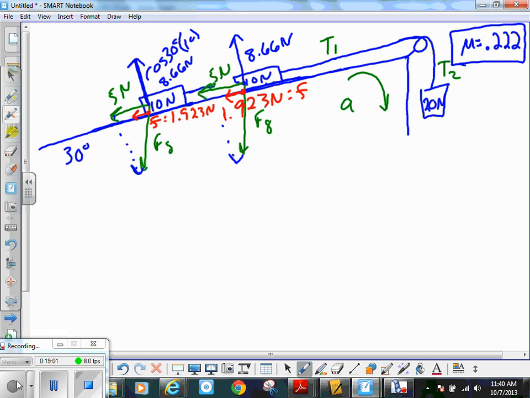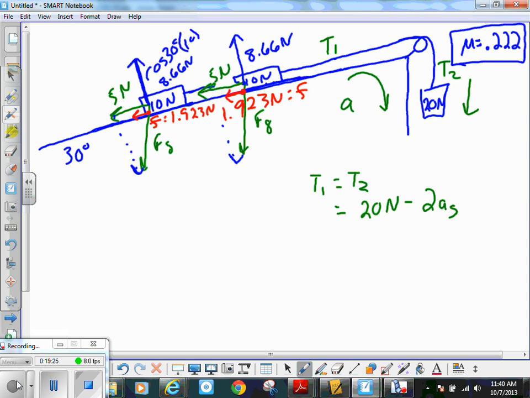So we're just going to start there, and we're going to say T1 is equal to T2, and we can define T2 right away easily by 20 newtons minus 2a, I guess I already put it up there, because it's falling with the mass, right?